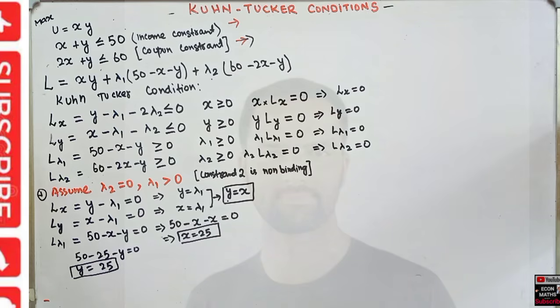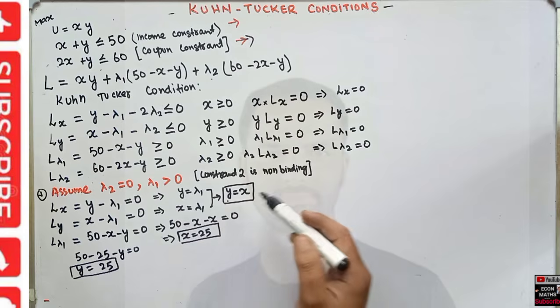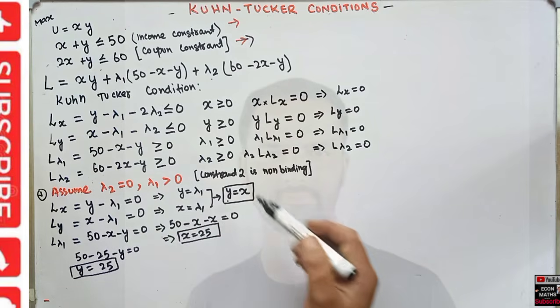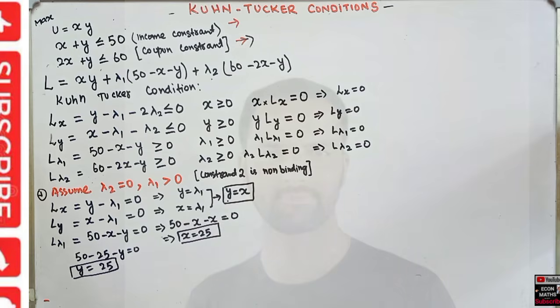So what will we do? We just put x is equal to 25 and y is equal to 25 to make sure that our assumption was right, that lambda 2 is equal to 0, that we don't care about the coupons. Coupon condition was not violated?